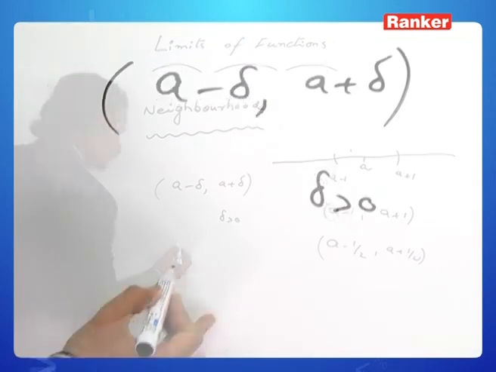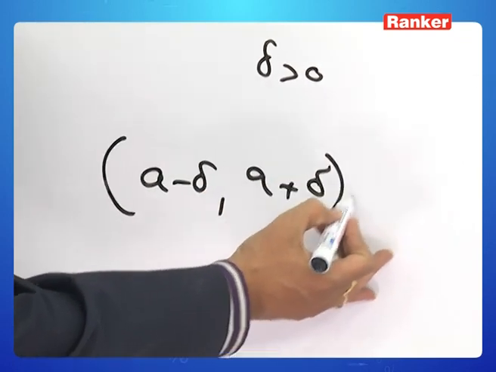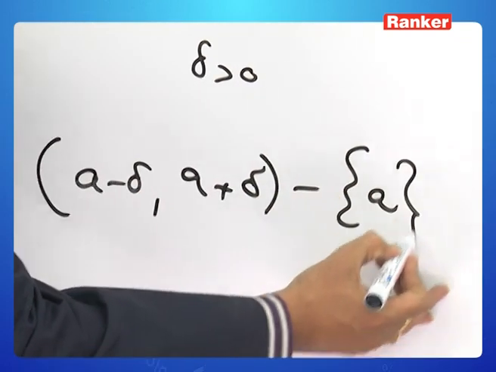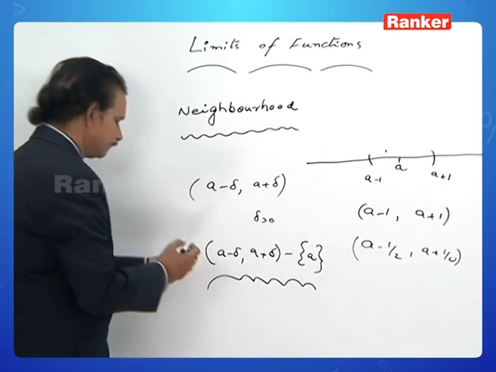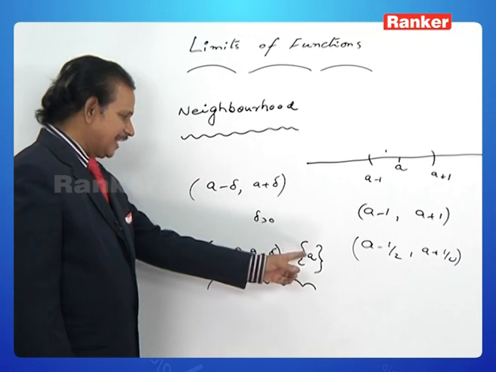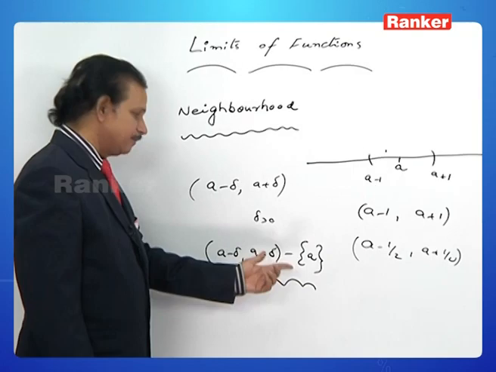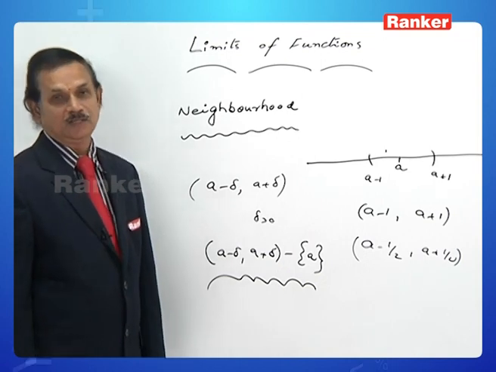Suppose we have deleted, observe this set. The number a or the point a has been deleted from the neighborhood a minus delta to a plus delta.